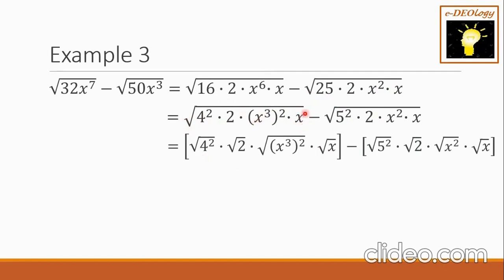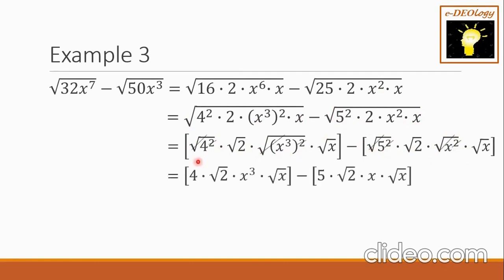In the first big radical, we have now the square root of 4 square, times the square root of 2, times the square root of the square of this x cubed, times the square root of x. For the second radical, we have the square root of 5 square times the square root of 2 times the square root of x square times the square root of x.